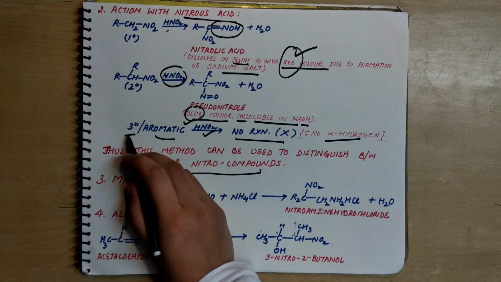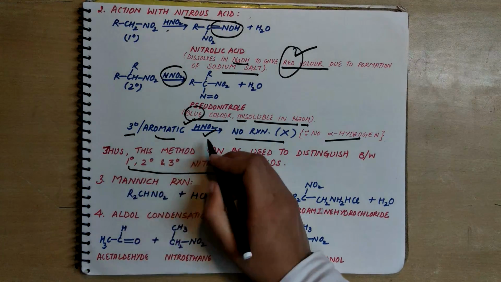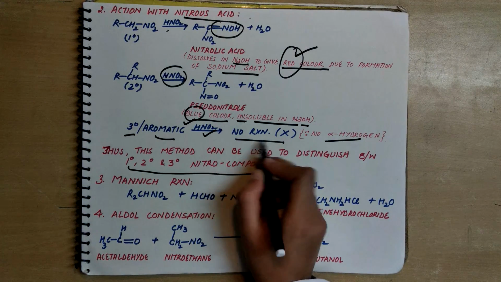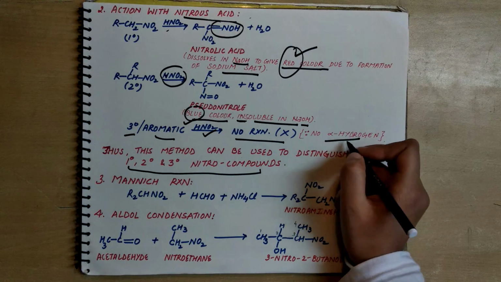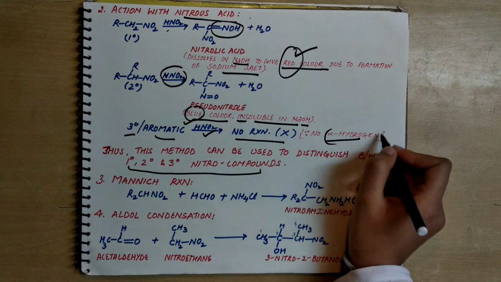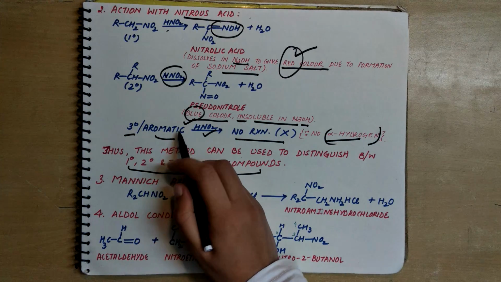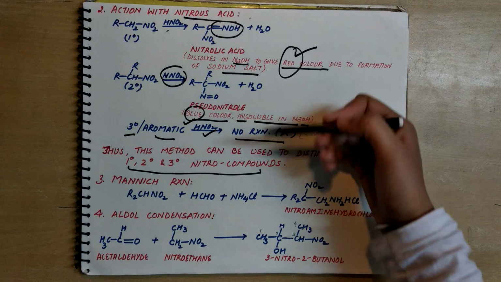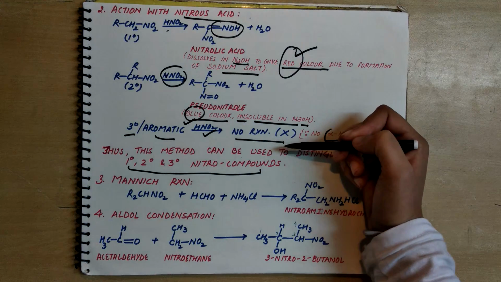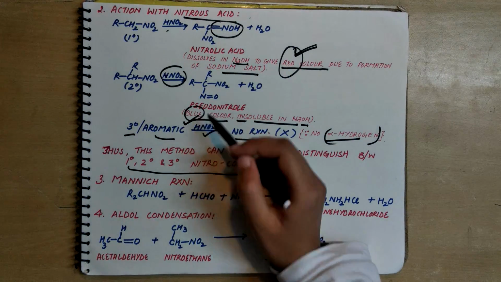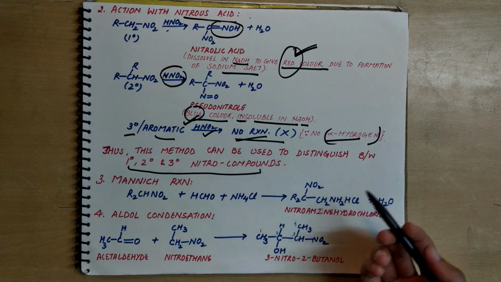When 3 degree or aromatic compound is treated with HNO2, no reaction takes place, because of the absence of alpha hydrogen in 3 degree and aromatic compounds. So we can distinguish between 1 degree, 2 degree and 3 degree on the basis of color. Here it is red, here it is blue, and here no reaction takes place.